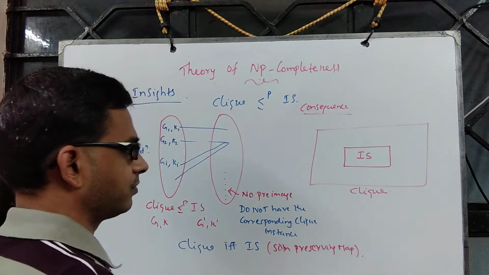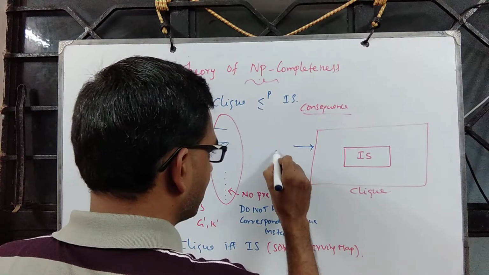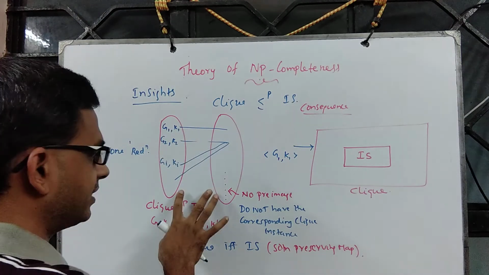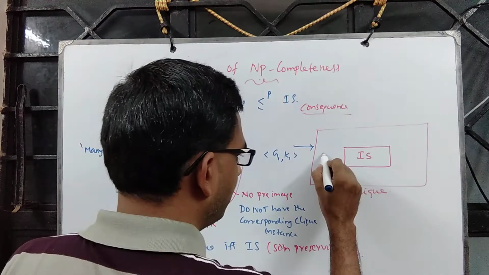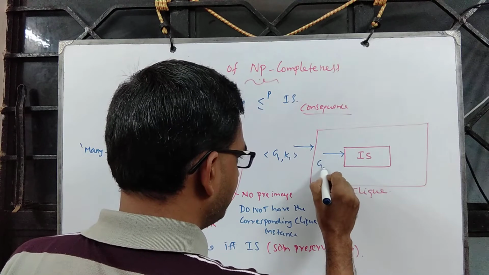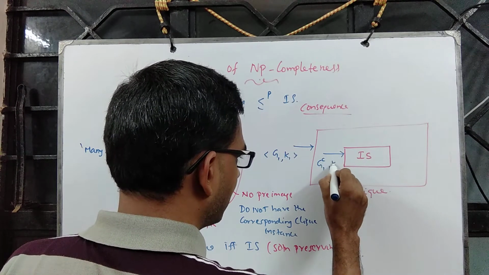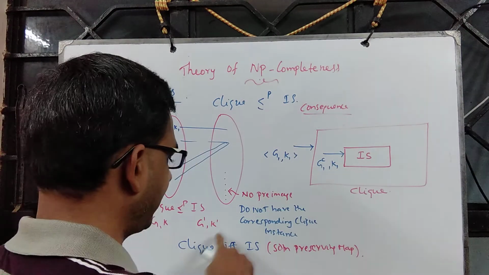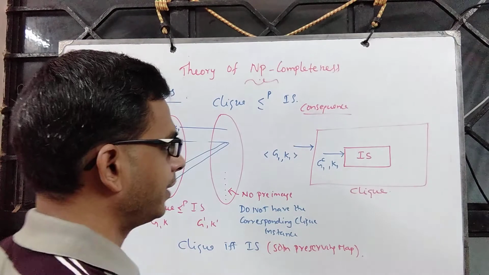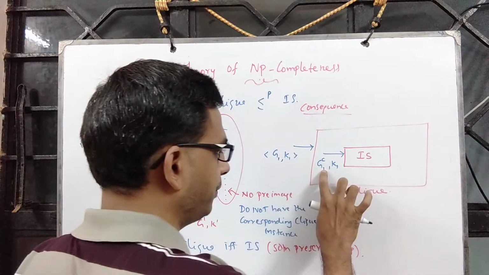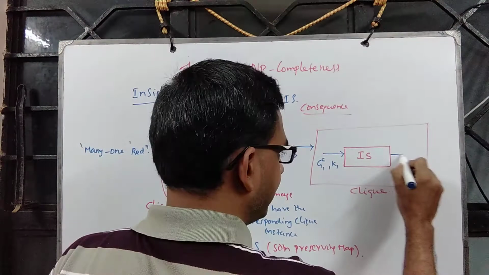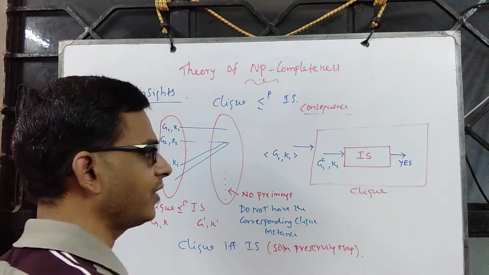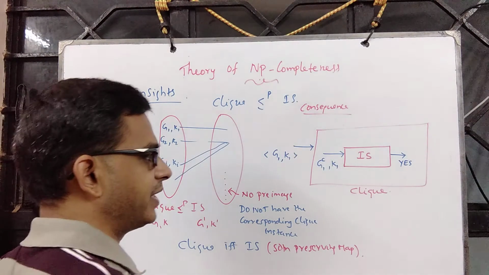Suppose we know independent set is solvable efficiently, say in polynomial time, we can use that as a black box to solve clique. Suppose you want to solve the G1 comma k1 instance. Our reduction says G goes to G complement, so this becomes G1 complement comma k prime, which is the same as k1. So we pass the complement of G1 here, and ask: does there exist an independent set of size k1?